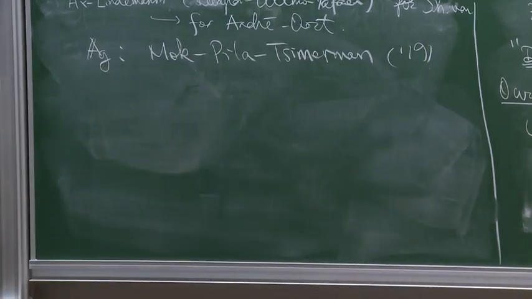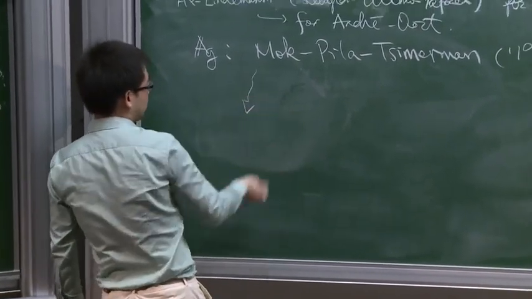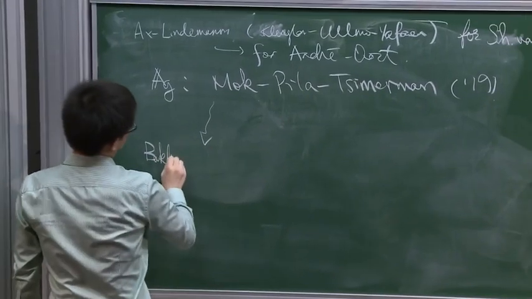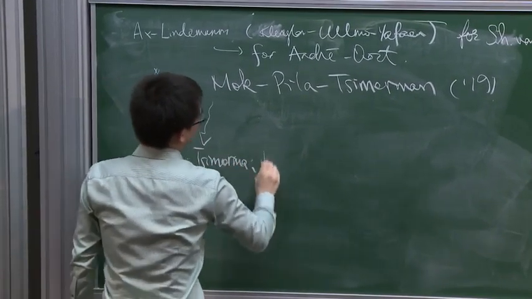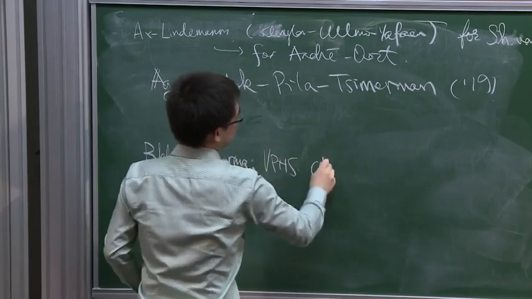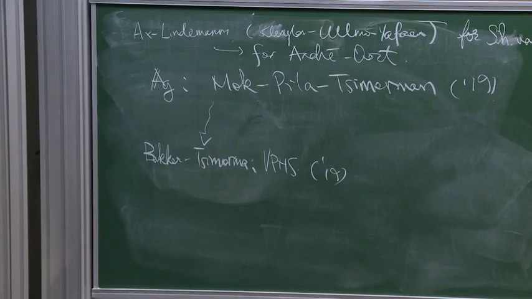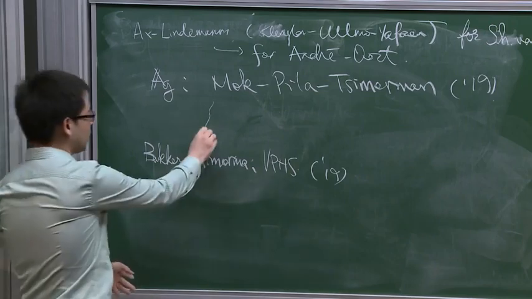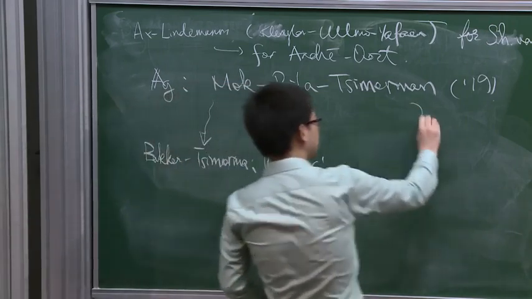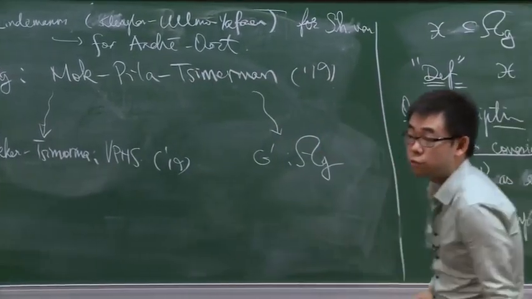It has two directions of extension. The first direction is by Bakker and Tsimerman for variations of pure Hodge structures. This is also published, and this is used in the recent proof of the Lawrence-Venkatesh proof of the Mordell conjecture. Actually, it's used for the high-dimensional case. Another extension is done by me for the universal abelian variety.